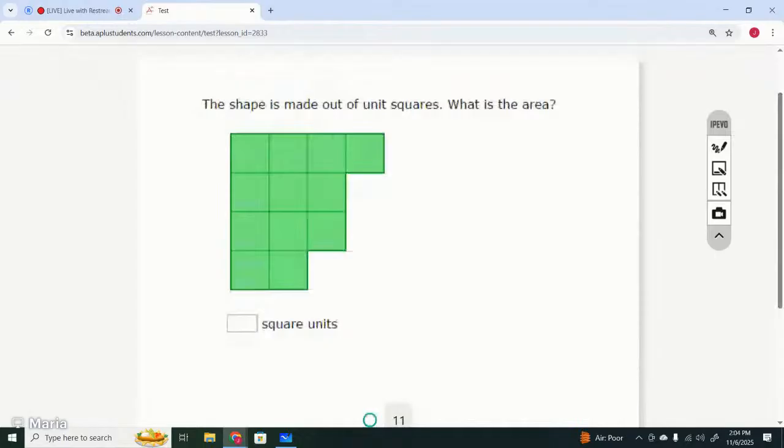The shape is made out of unit squares. What is the area? One, 2, 3, 4, 5, 6, 7, 8, 9, 10, 11, 12.